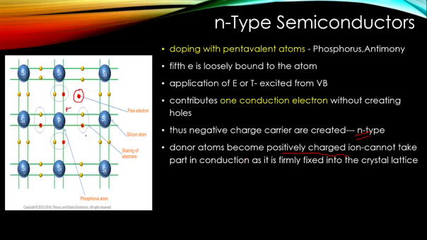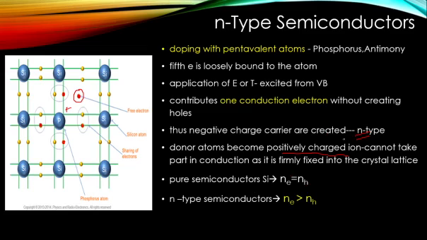with other neighboring atoms. So in a pure semiconductor we have seen that the number of electrons created due to temperature is the same as the number of holes created. But in the case of n-type semiconductor, since each dopant atom contributes one conduction electron, the number of electrons will be more than the number of holes. How are the holes created?